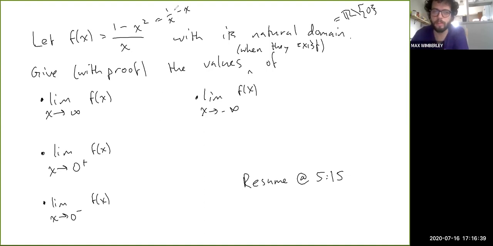So what you'd like to be able to say is that the limit as x approaches infinity of this function is negative infinity, because negative x approaches negative infinity and 1 over x approaches 0. So the sum should approach 0 minus infinity, which is negative infinity.